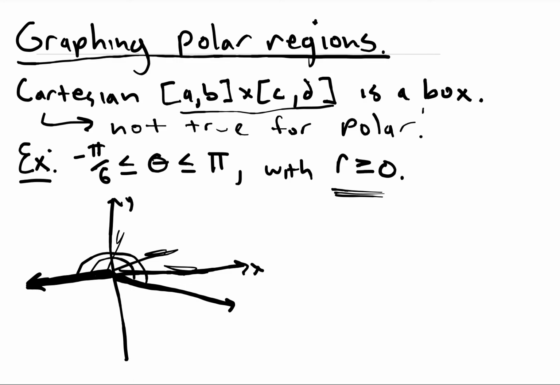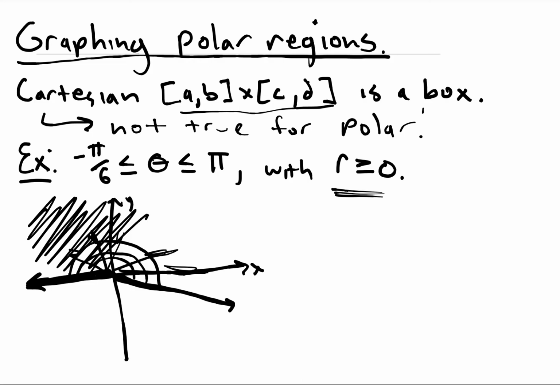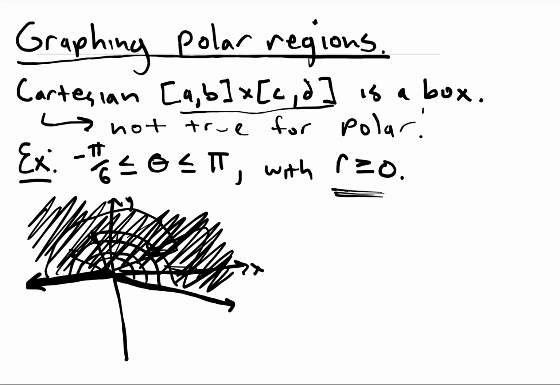Since I've said that as long as r is non-negative, we're good, I can head outward from the origin as far as I want, as long as I'm within range of these angles. So if you're wondering what this region looks like, it's pretty much everything that falls in the span between these angles. You've got this awkward pie slice that I've taken of the XY plane.